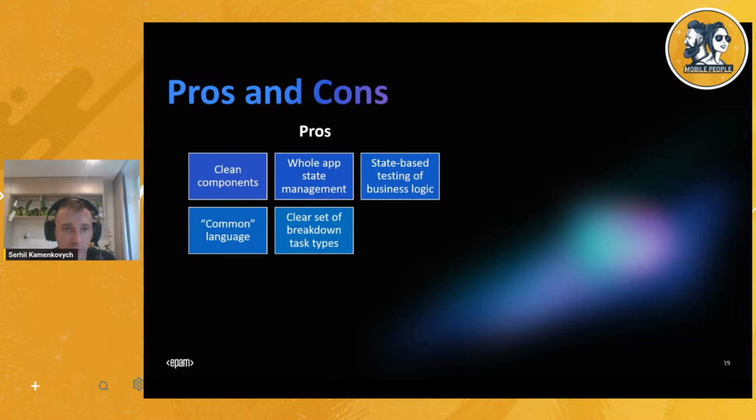A clear set of breakdown task types. Since components are clear, it's easy to make a breakdown of features into same parts like network, navigation, UI, store, and then wiring task for gluing this all together.